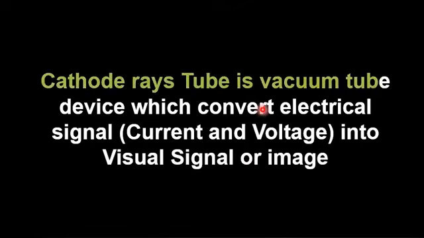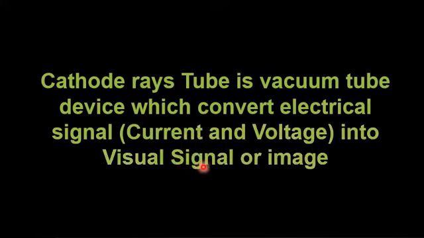Cathode ray tube is a vacuum tube device which converts an electrical signal into a visual signal or image. So a cathode ray tube is a device which converts current and voltage into a visual image.